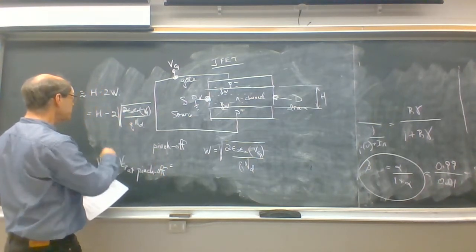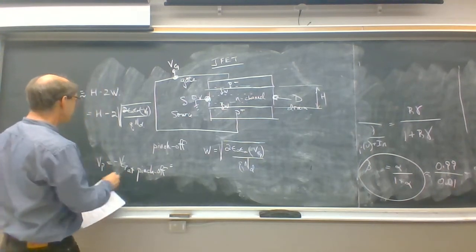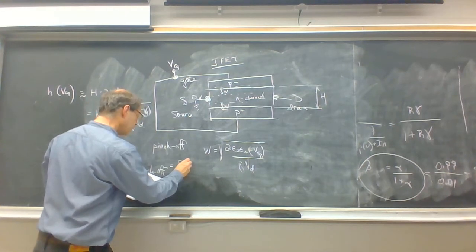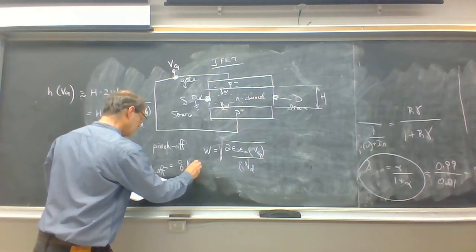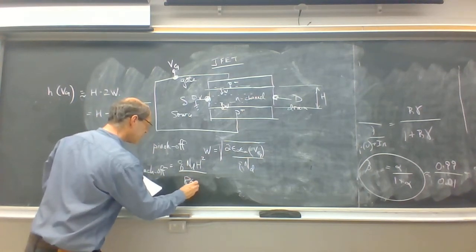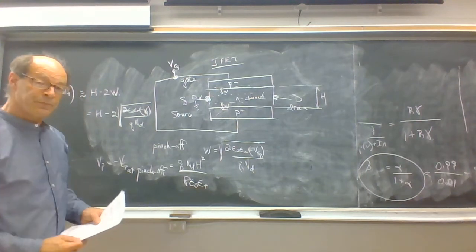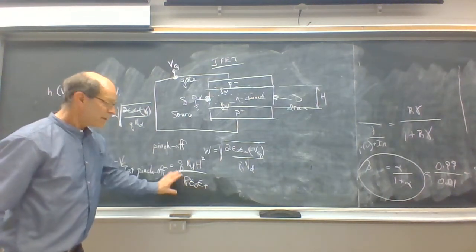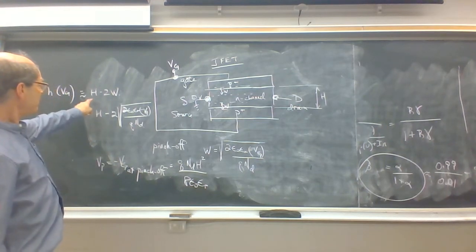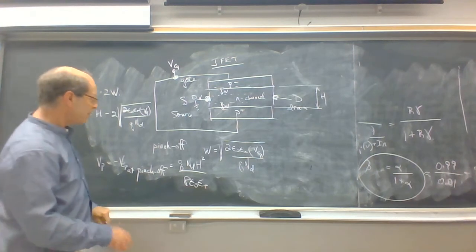The condition of pinch-off is reached when Vp is equal to q ND H squared divided by 8 epsilon naught epsilon r. In order to obtain this expression, what you would do is just substitute H minus 2W equals 0.